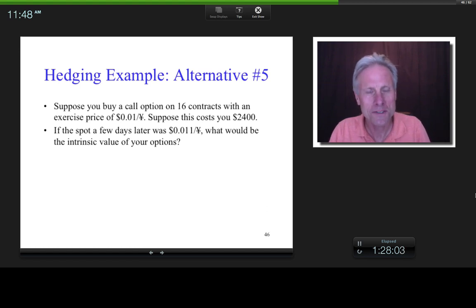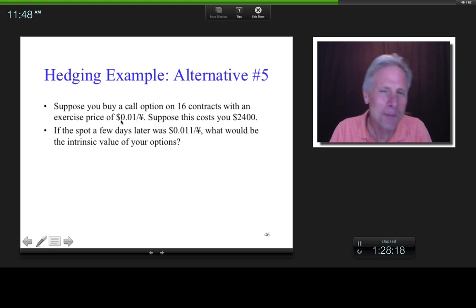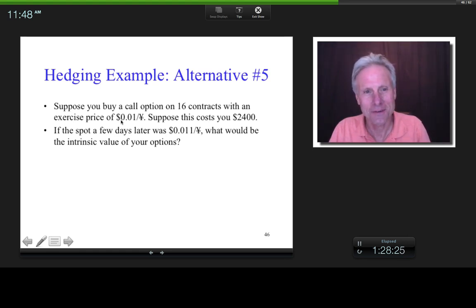In this example, on the open market, I could buy yen for $0.011, but my option says I have the right but not the obligation to only spend $0.01. So will I have been happy or sad that I had the option? Happy, right?